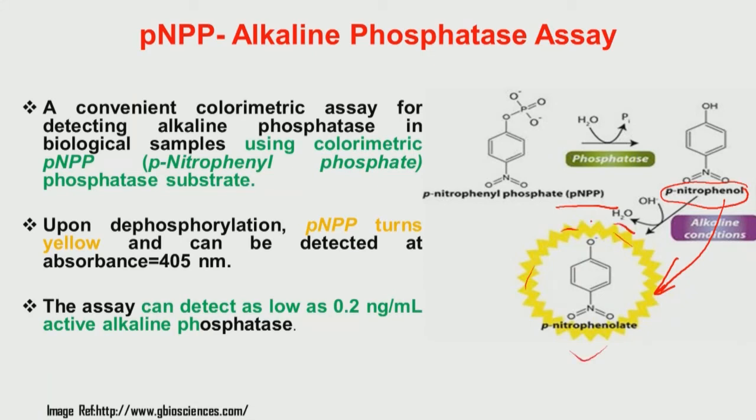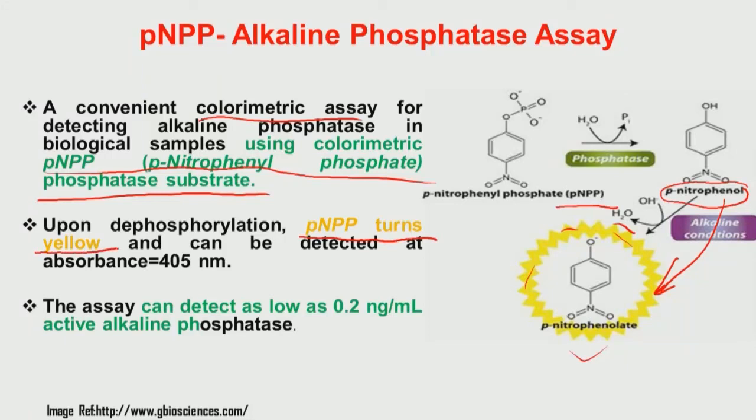This is again a colorimetric assay. It is based on the determination of the optical density change, which is monitored through the PNPP activity. Upon dephosphorylation, this PNPP turns yellow.